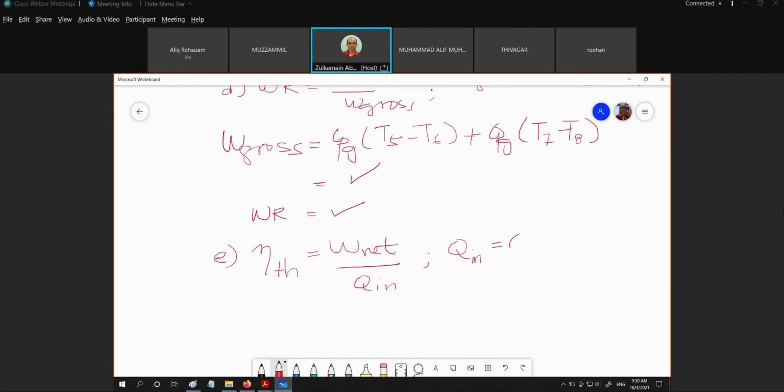The first combustion chamber is Q45, plus the reheat Q67. So the Q in is equal to CPG.